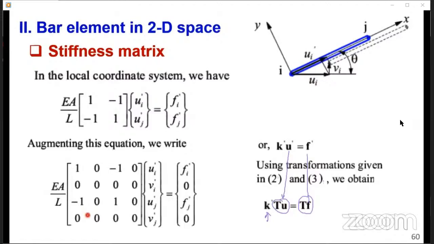The matrix T is orthogonal. And orthogonal matrices mean they have a special transpose property. If a matrix is orthogonal, we are saying the transpose of that matrix is the same as its inverse.